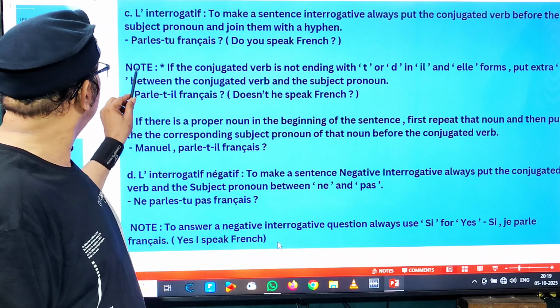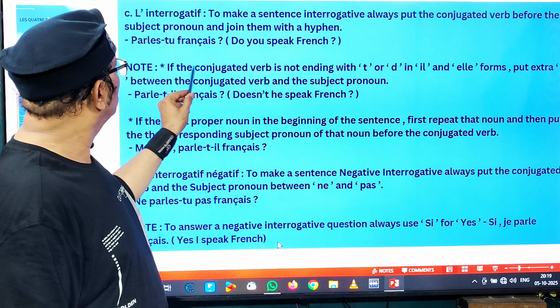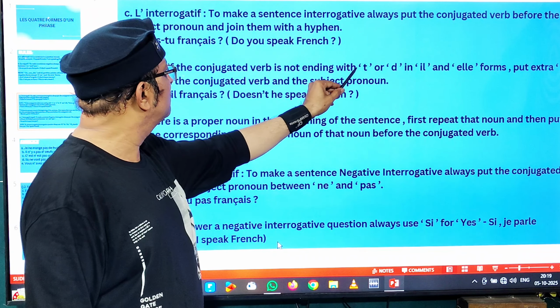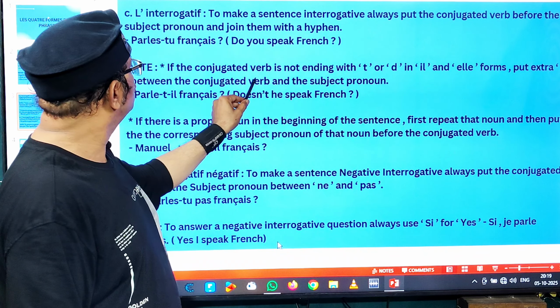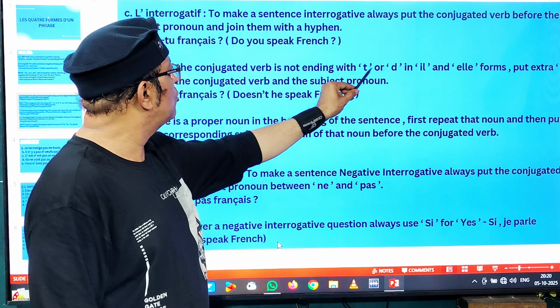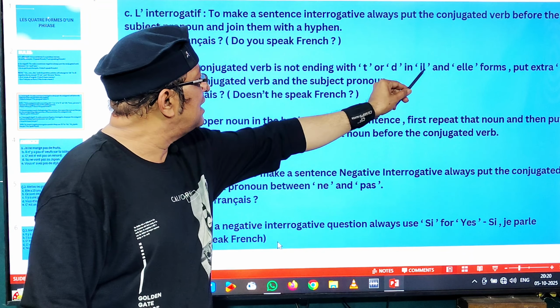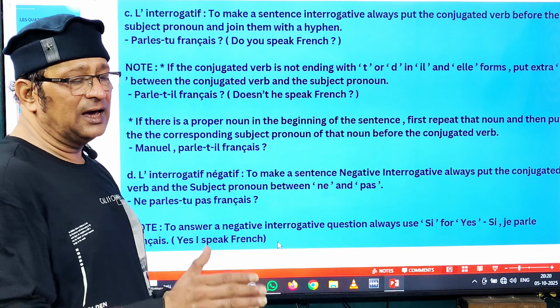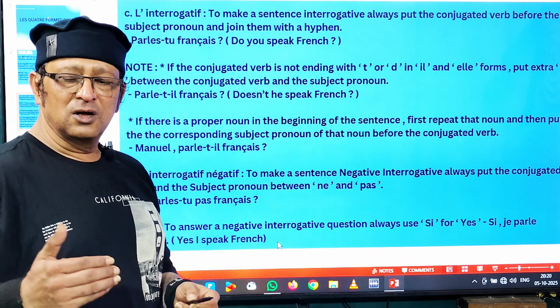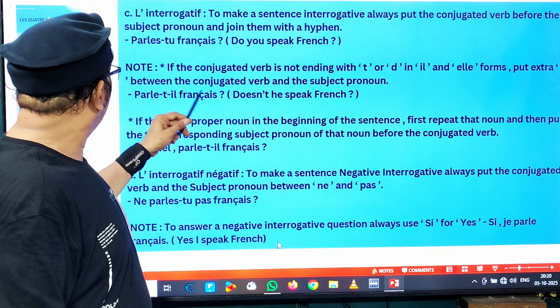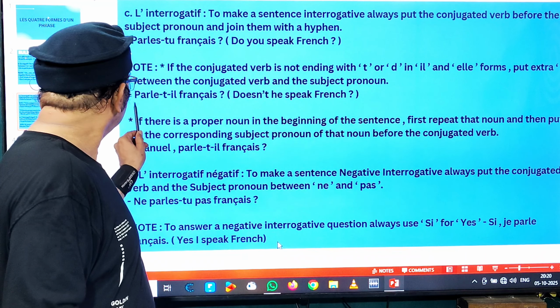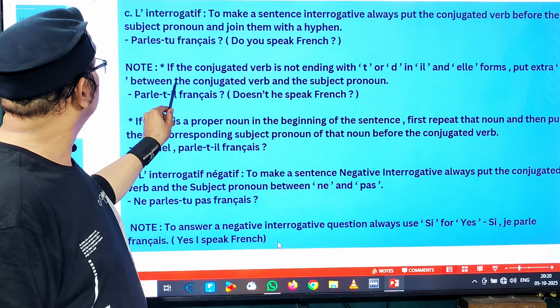Here also, if you look at this note, if a conjugated verb does not end with T or D, like here, parle, in the il and elle forms, that is the third person singular form, you have to put an extra T between the conjugated verb and the subject pronoun.